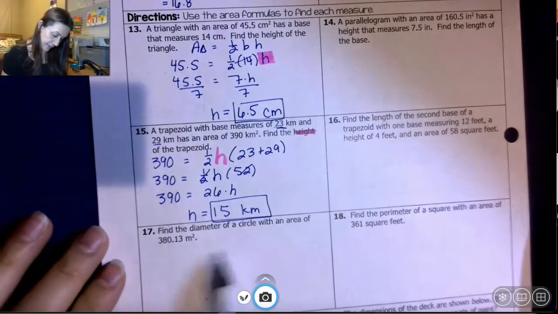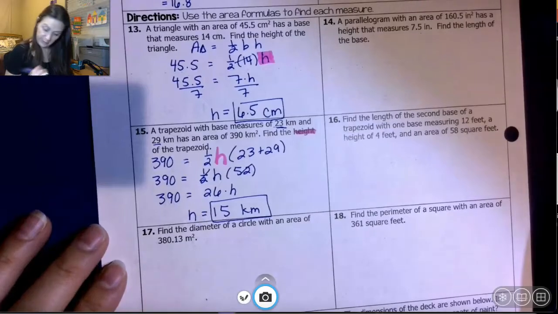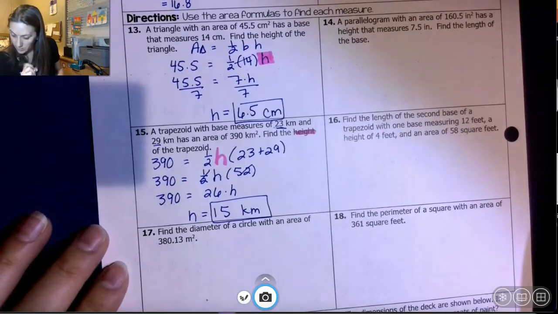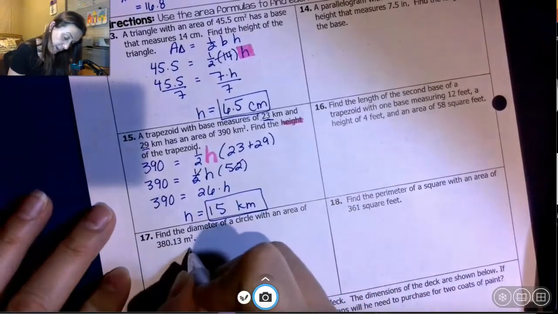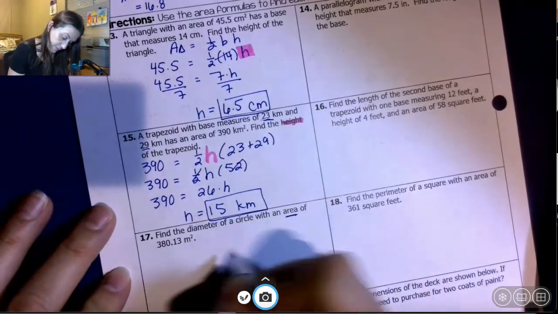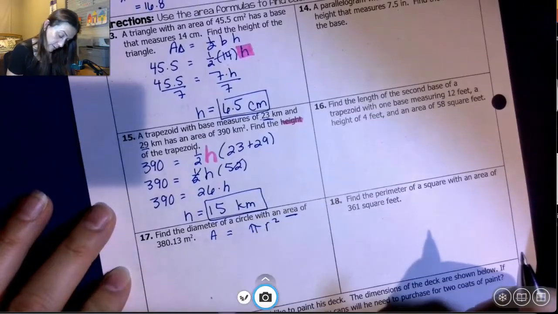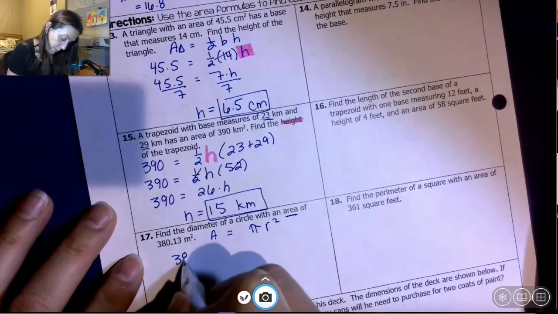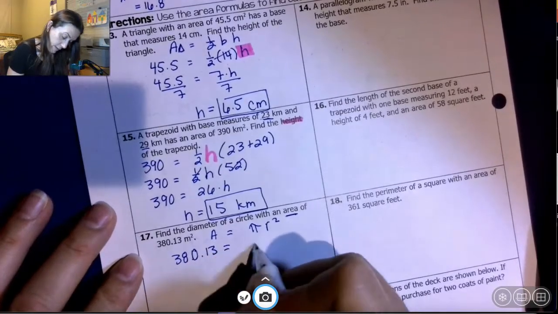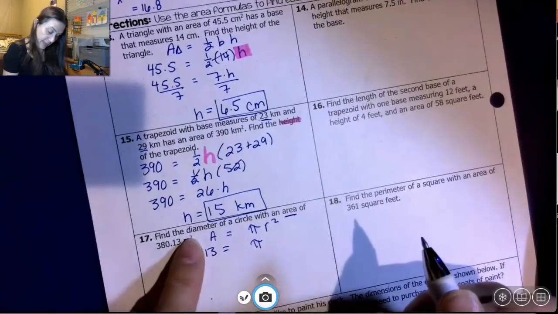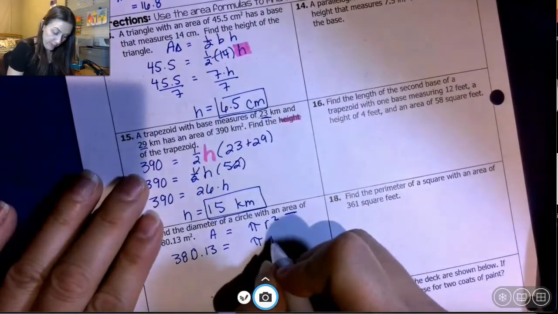Okay, find the diameter of a circle with an area of 380.13. Okay, that's what we got from this. So the area of a circle is equal to pi r squared. So if I get 380.13 equals pi r squared, the diameter is what I'm looking for, so I'll have to find the radius first.